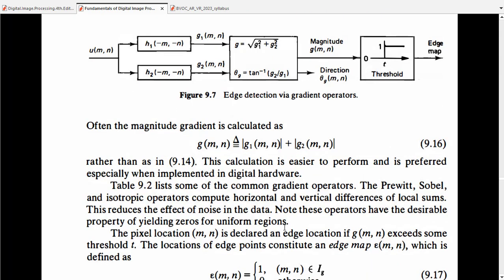So in image analysis, edge detection via gradient operator takes u(m, n) with respect to h1 and h2, giving a pair of gradients g1(m, n) and g2(m, n).